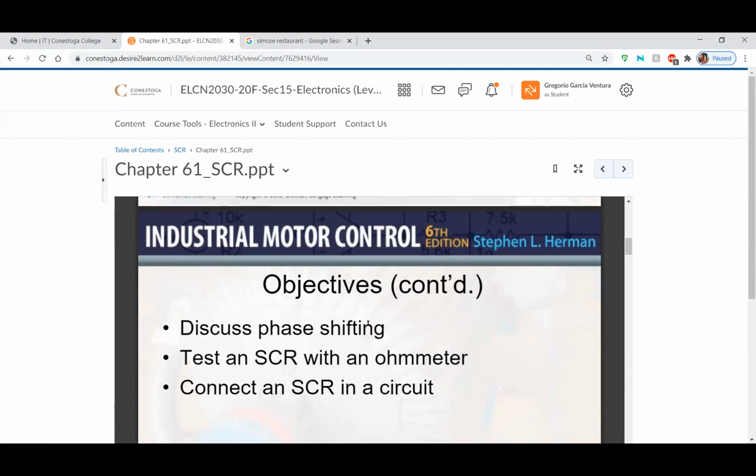And of course, we are not going to discuss it in this class right now, but you are going to be able to see on the PowerPoint that using a capacitor and shifting the time of when the SCR fires, you can phase shift the SCR and gain full control of the output voltage.